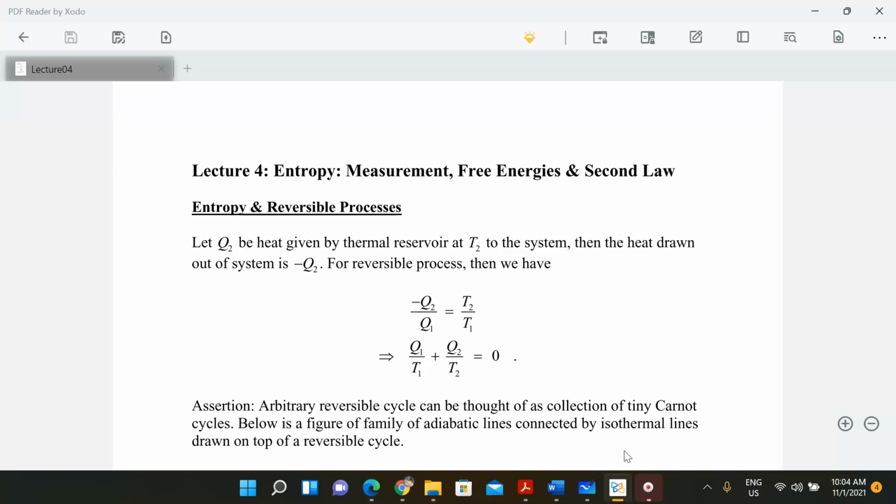By the way, I have not finished typing the notes. At some point, I will switch from the typewritten notes to scribbling on the whiteboard. So let's recall, we defined entropy previously by taking the case of a reversible process.